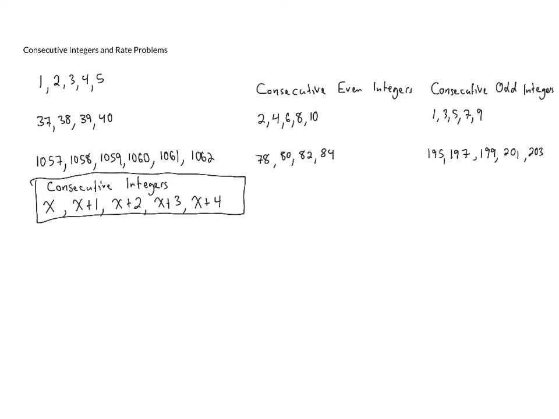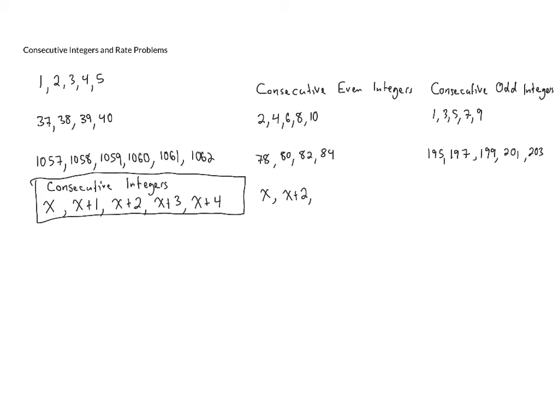And so if we're dealing with consecutive even integers or consecutive odd integers in a word problem, we need to be able to set up our let statements. So if we've got consecutive even integers and we let the first one be x, how do we get to the next one? Well, to go from 2 to 4, or 78 to 80, we have to add 2. So the next one's going to be x plus 2.